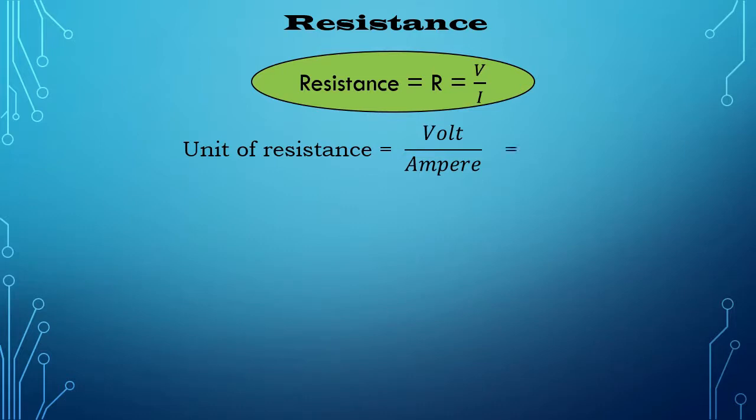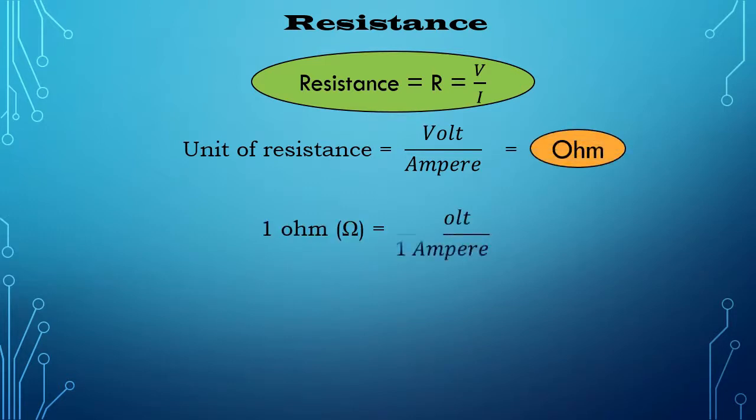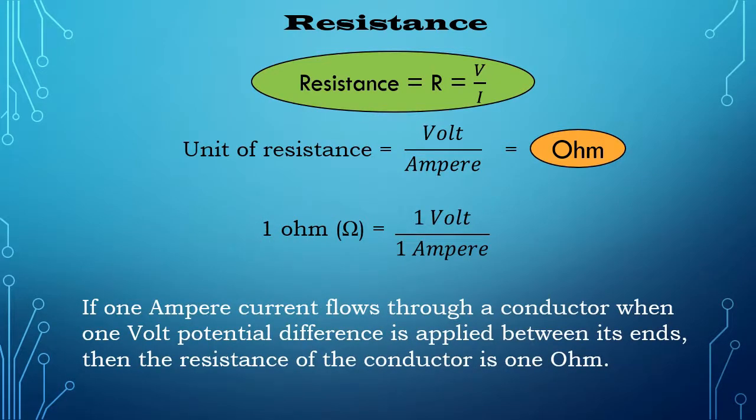The unit of resistance is called ohm. 1 ohm is equal to 1 volt upon 1 ampere. If 1 ampere current flows through a conductor when 1 volt potential difference is applied across its ends, then the resistance of the conductor is 1 ohm.